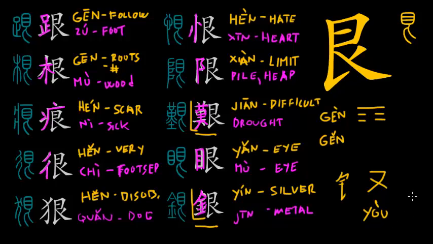Also, it means again and many other things, but originally this is how you used to write hand in Chinese, and in many characters, if you see this character, it is a hand, and it has absolutely nothing to do with the meaning difficult. So if you see the simplified version of this character, which has this element in it instead of this one, then it is absolutely impossible for you to get to the bottom of its etymology or its history. And so that's why I prefer traditional Chinese characters.